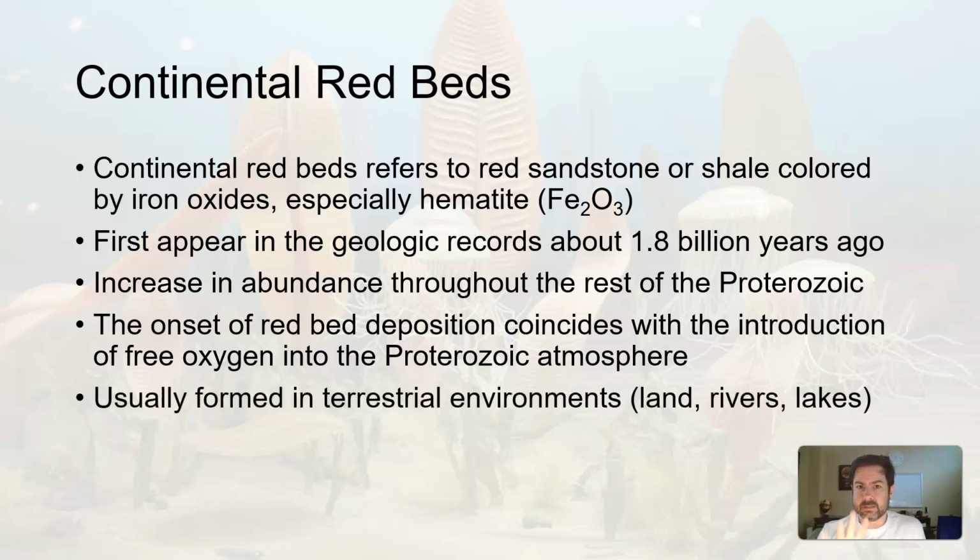And that's because these sedimentary rocks, sandstone and shale, these detrital sedimentary rocks, these red ones, are usually an indication of terrestrial environments. Sediment that was deposited on land, or maybe rivers and lakes, not oceanic in this case. That's why everyone loves to see the red sedimentary layers, because they're not too often.